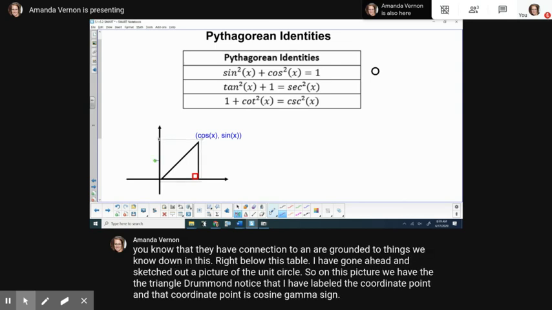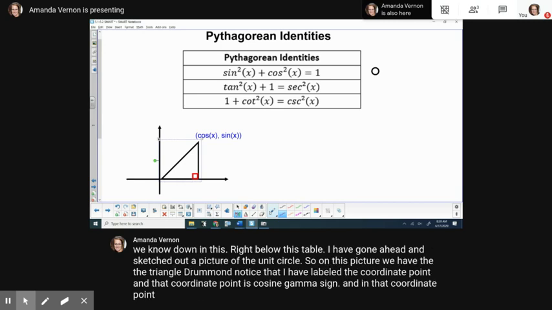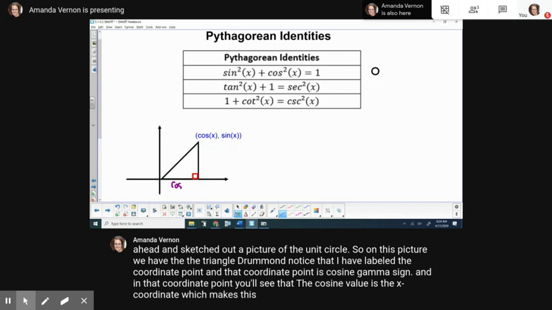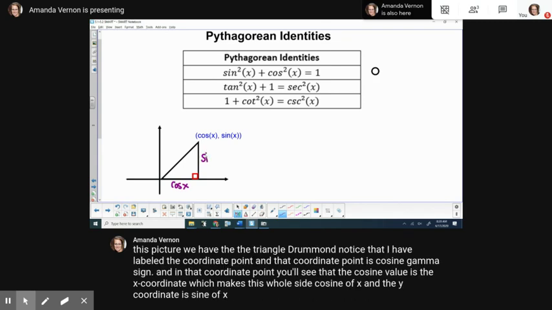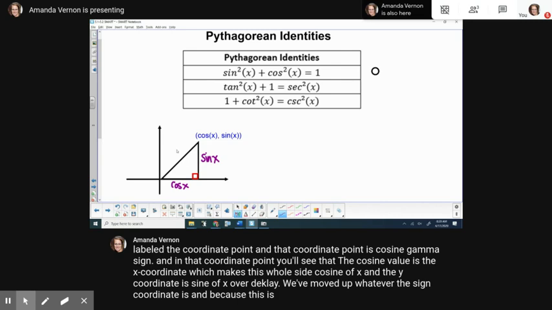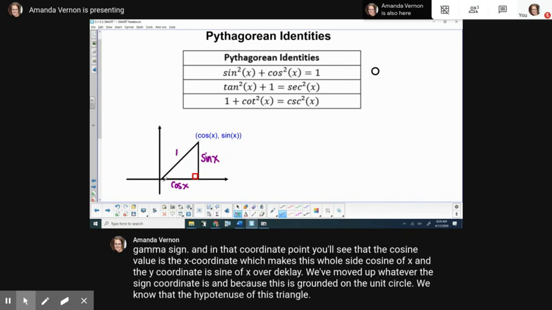In that coordinate point, you'll see that the cosine value is the x coordinate, which makes this whole side cosine of x. And the y coordinate is sine of x. So vertically, we've moved up whatever the sine coordinate is. And because this is grounded on the unit circle, we know that the hypotenuse of this triangle must be 1.